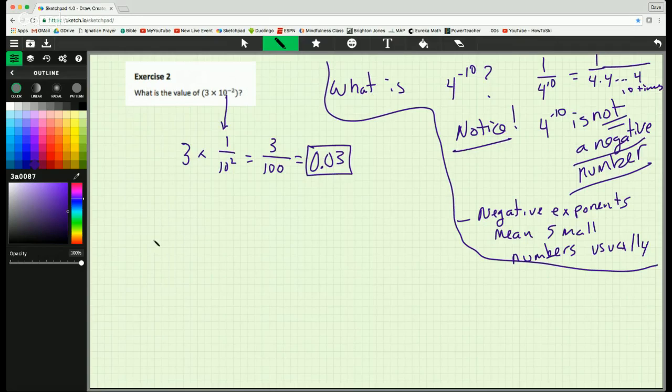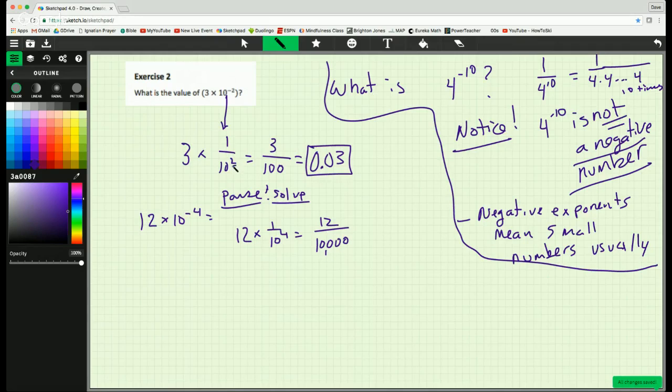So let's see, I'll just ask you another one. What is 12 times 10 to the negative 4? Pause and solve. All right, we're back now. So it's 12 times 1 over 10 to the 4th, which is equal to 12 over 1 with 4 zeros.